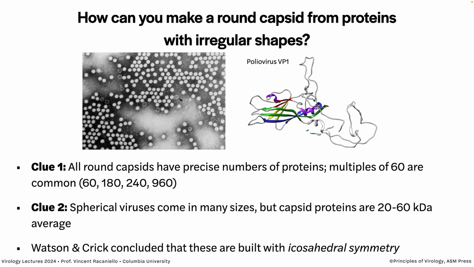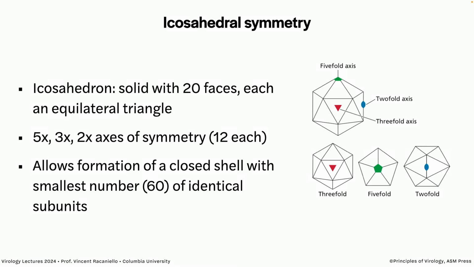An icosahedron, as we see here, is a geometric solid, one of the Platonic solids. It is a solid with 20 faces. Each face is an equilateral triangle, so there are 20 of those. And when you build a solid like that, you get axes of symmetry. You get 5-fold, 3-fold, and 2-fold axes of symmetry.